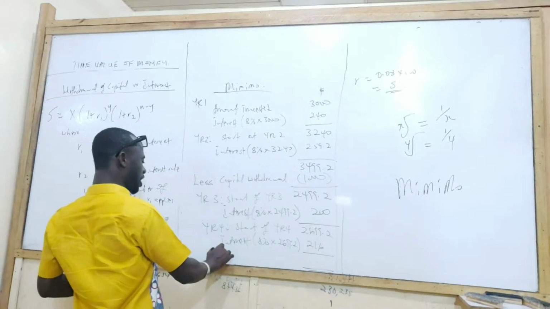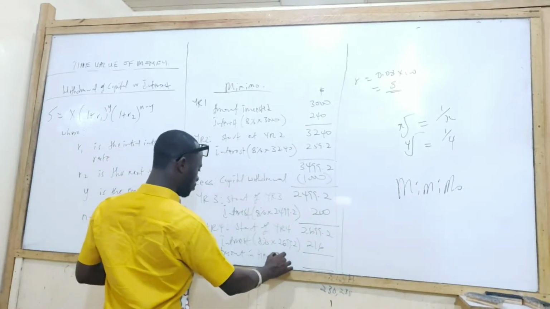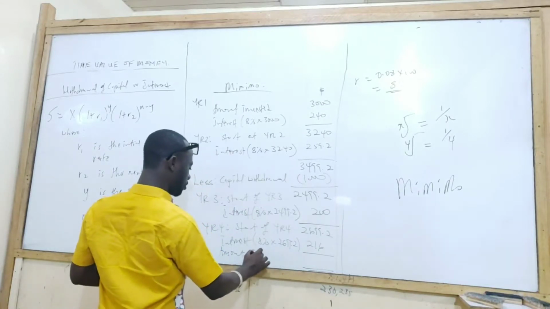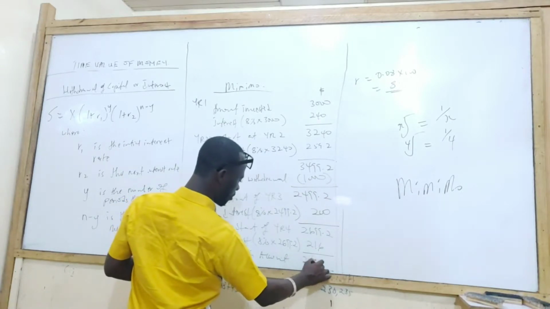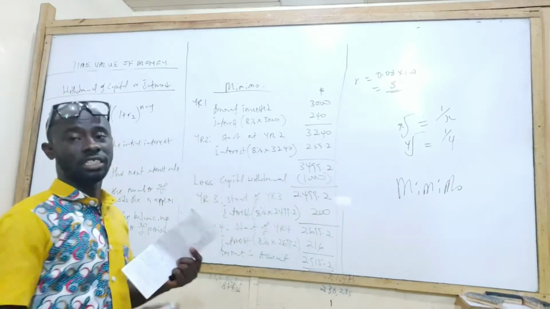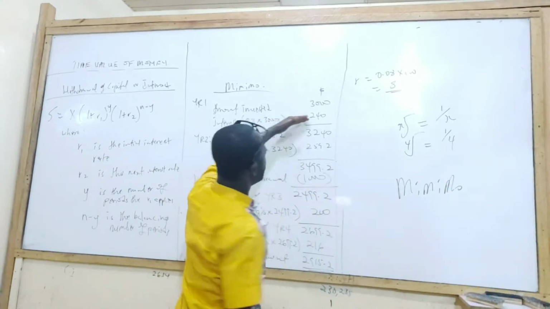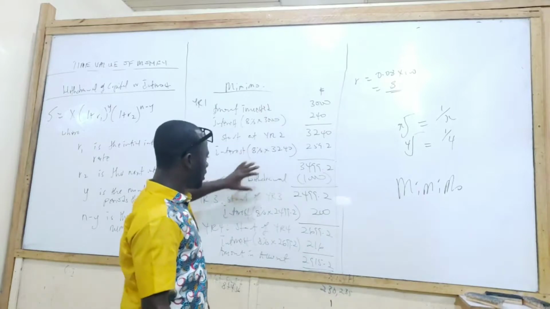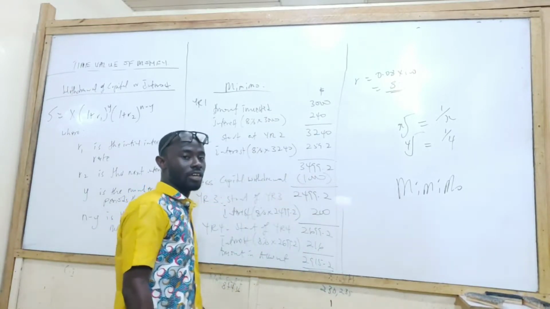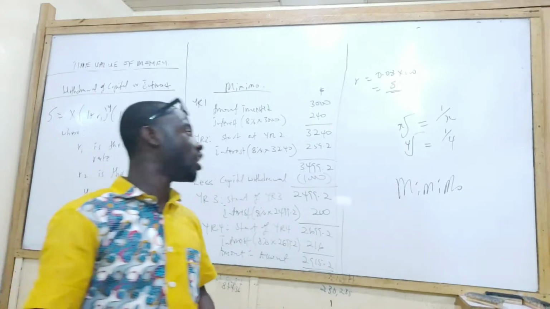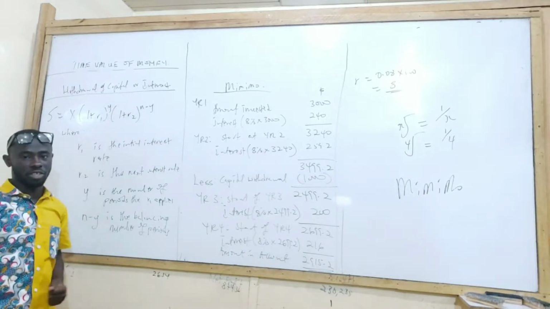The amount that will be in her account is 2,915.4. There you go, so that is how you deal with capital withdrawal. The interest will be added, then wherever the person withdraws the money, you deduct it, then you charge the interest again on that figure. So put it down and let's look at the second scenario where the interest rate is changing.